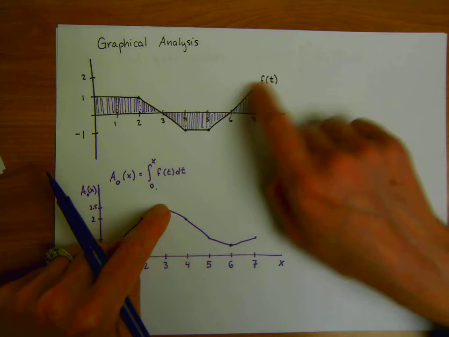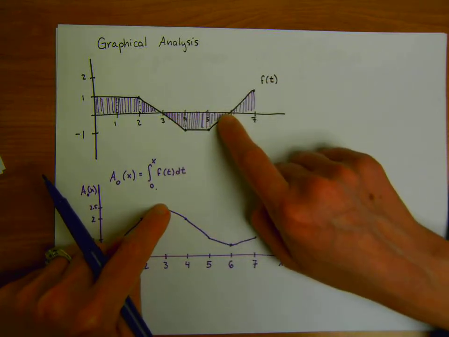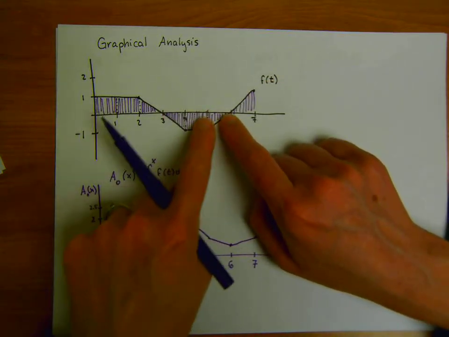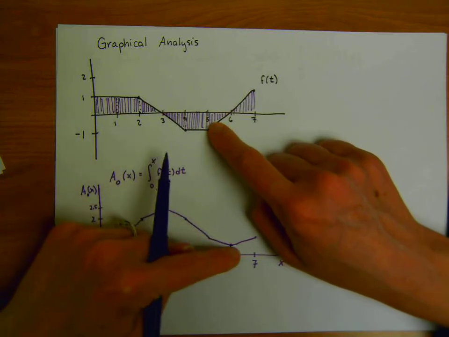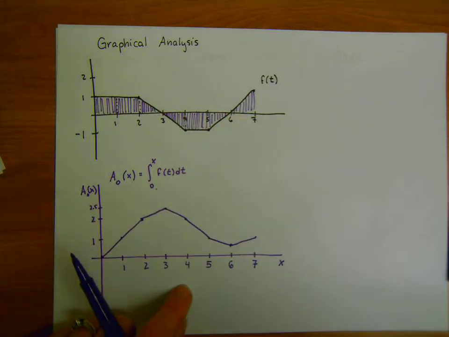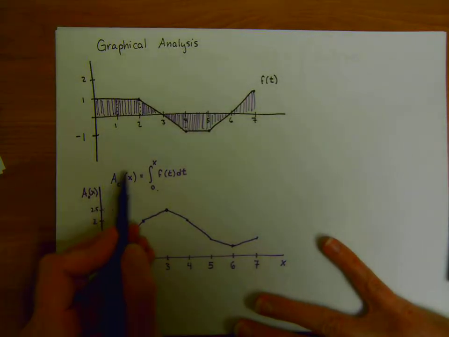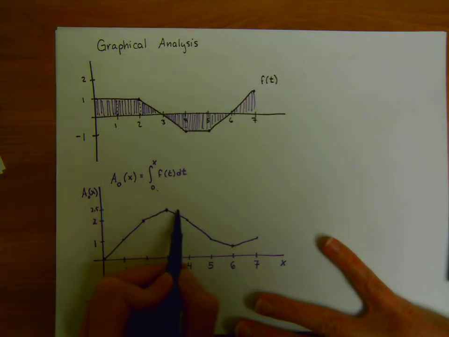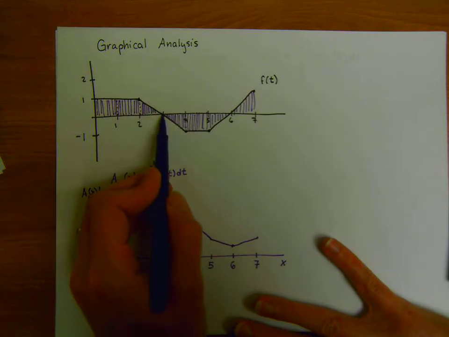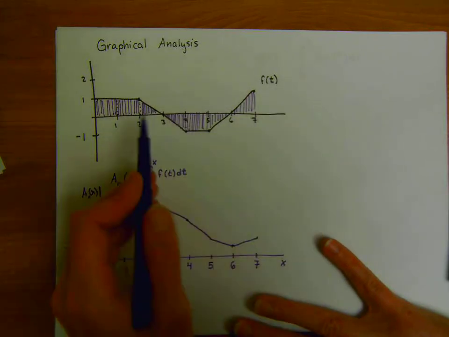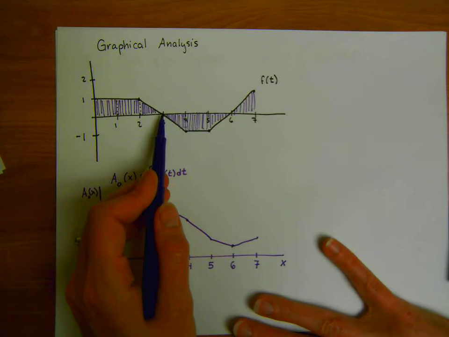When my little f function is below the x-axis, I'm accumulating these negative areas, and so my function is going to be decreasing. And I notice that the critical points of my a function, the max and min values, are going to be the places where my little f function crosses where x equals 0.